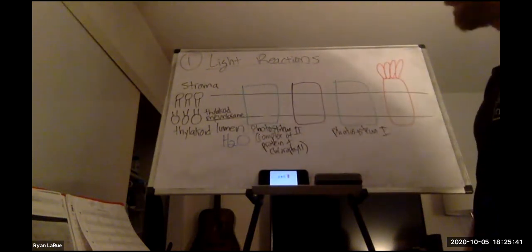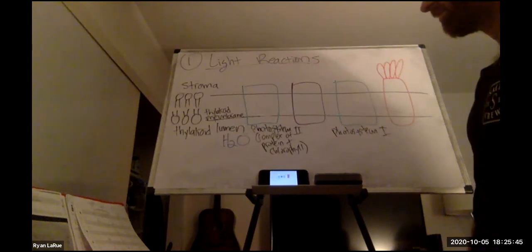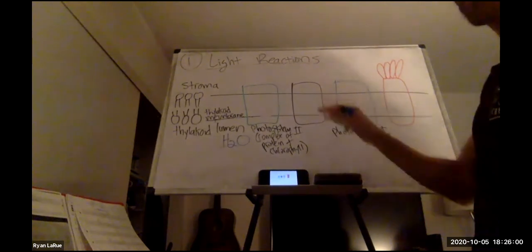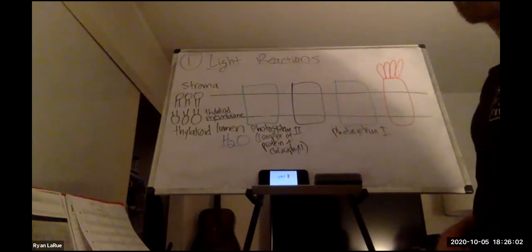But again, I'm not a botanist, so I think about it. It's actually irrelevant. It might be in the stroma, but for my drawing, this is easier, and you don't have to know that.